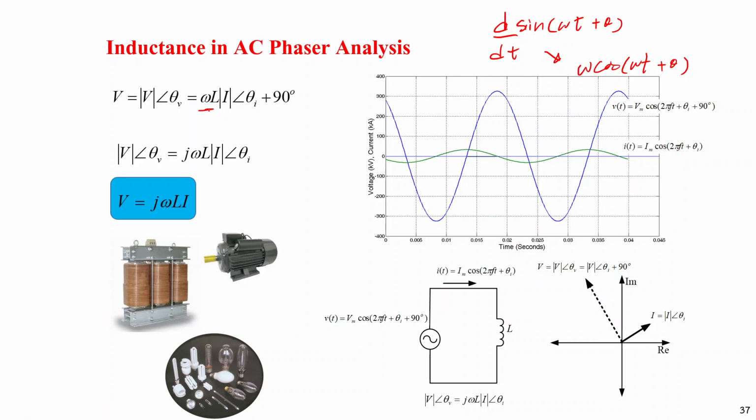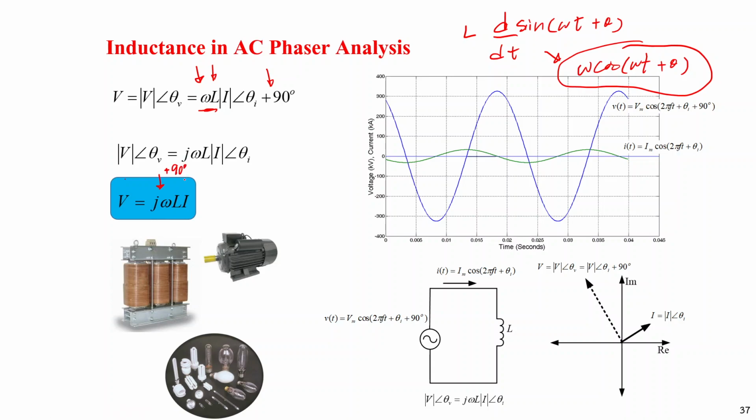Then here is the form of phasor. In phasor form, the inductance L will be multiplied by the angular velocity, right? And it shifts by 90 degrees here. So the formula becomes the voltage in phasor form equals j omega L times I. Okay, j means shift phase by 90 degrees, right?